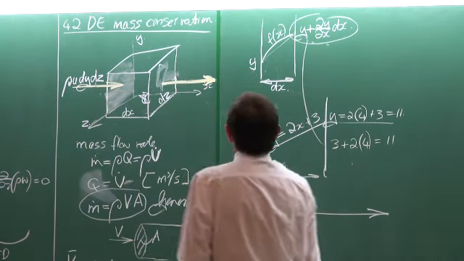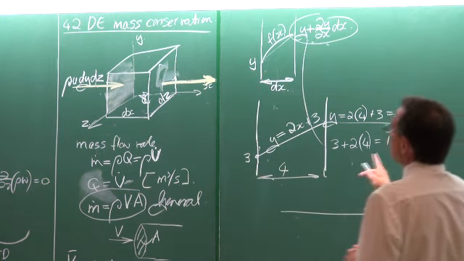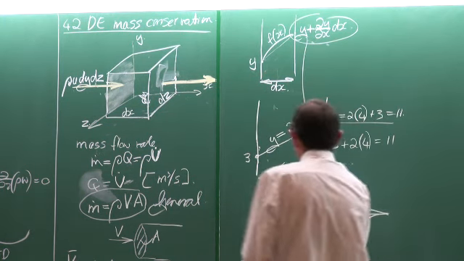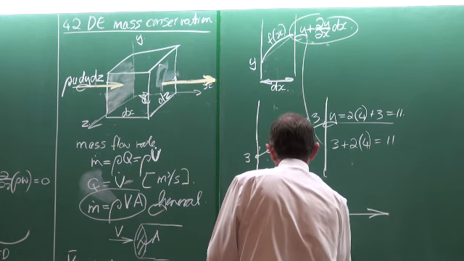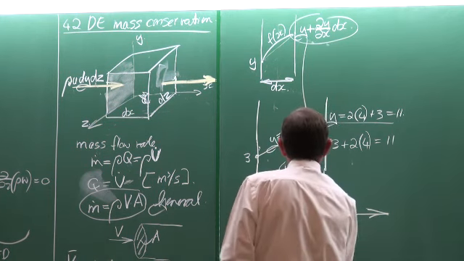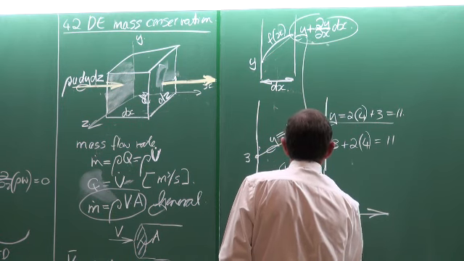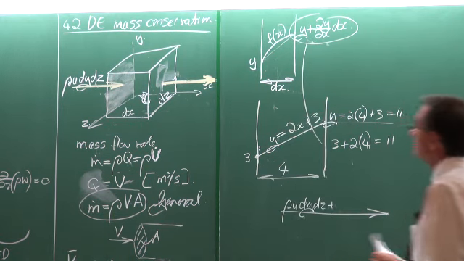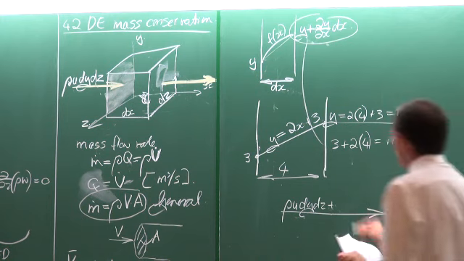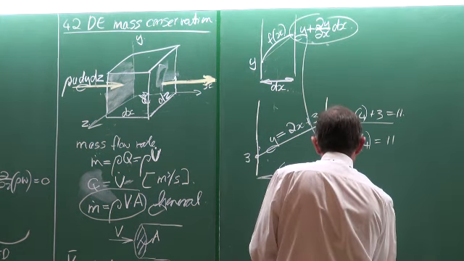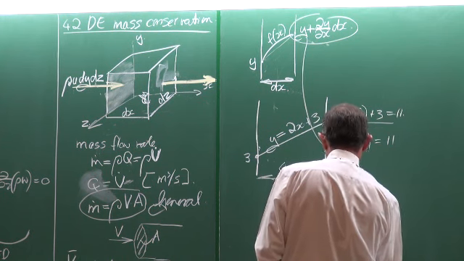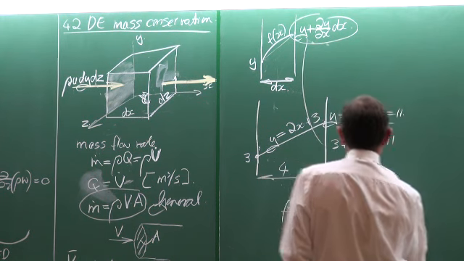So it would be equal to the y value, which would be rho u dy dz, plus the gradient, which would be d(rho u) multiplied by dx.